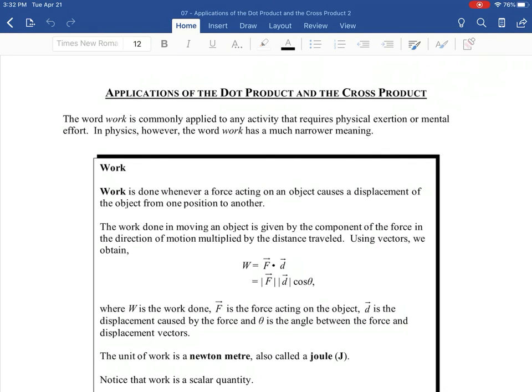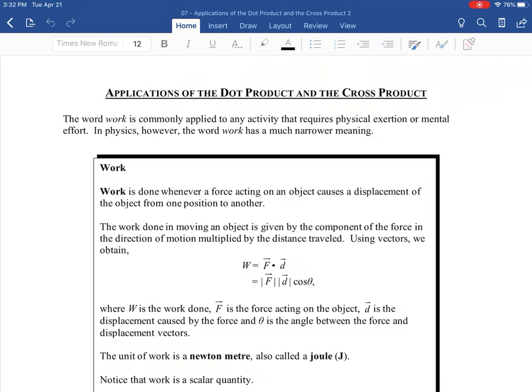So work is done whenever a force acting on an object causes displacement of the object from one position to another. The work done in moving an object is given by the component of the force in the direction of the motion multiplied by the distance traveled. Basically, you're saying how much force did you move something with and how far did it go? That's how much work you're going to do. Let's think about that for a second.